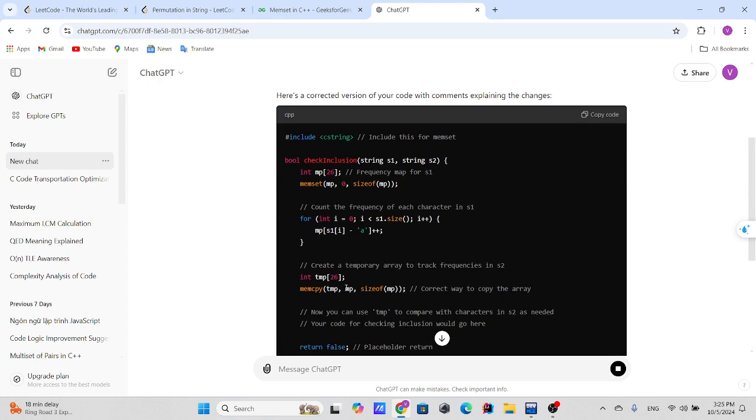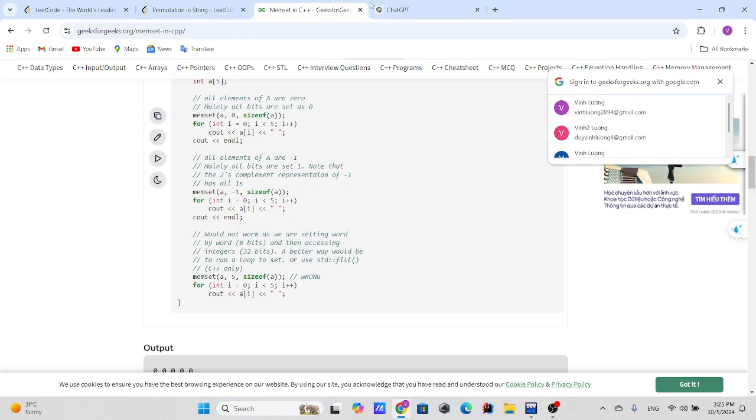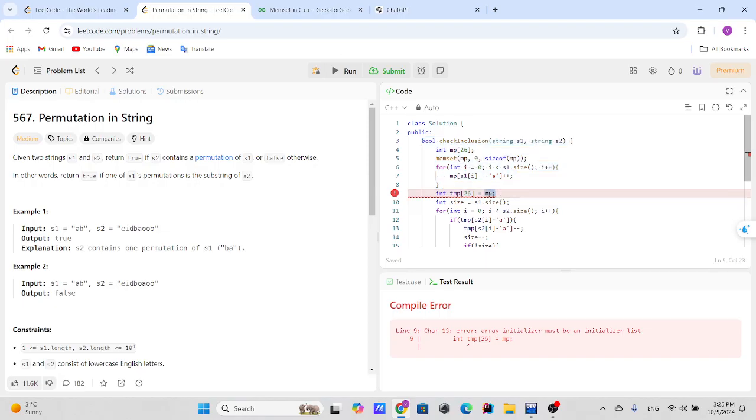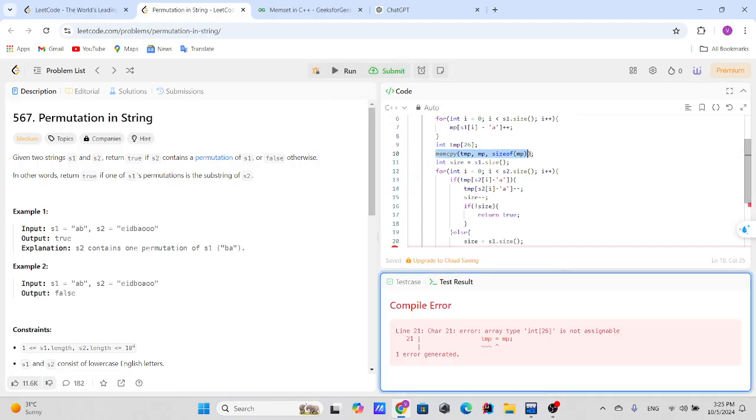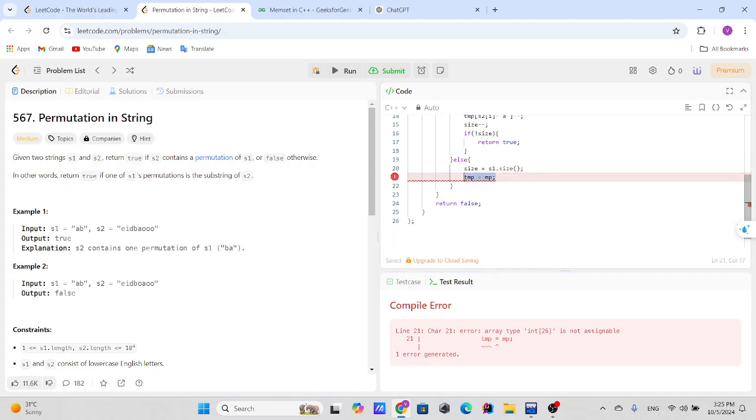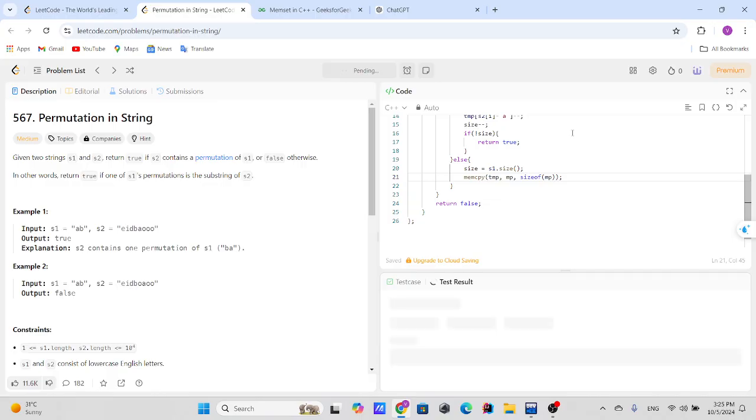Okay. memcpy, okay. Really? Whatever. So that's not correct, and I should do this, right? Shit, that error again.